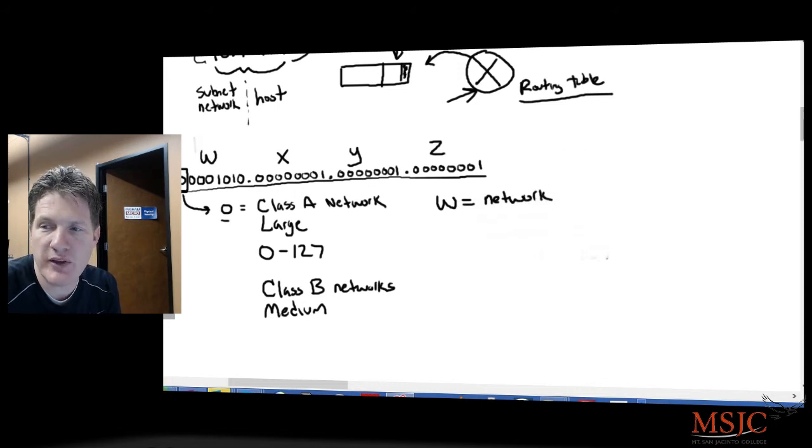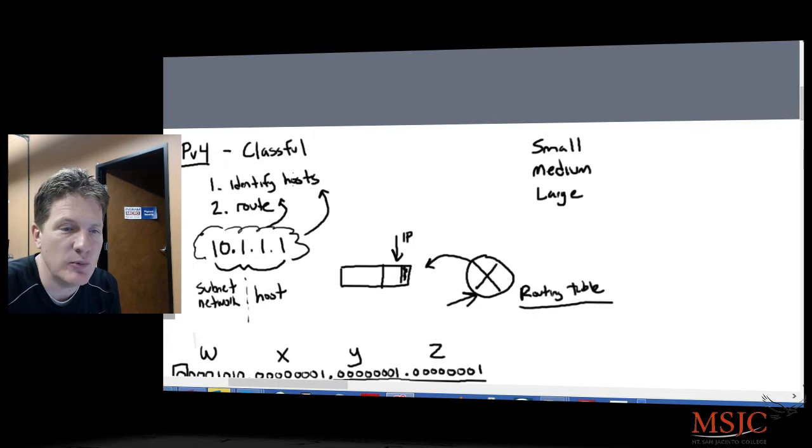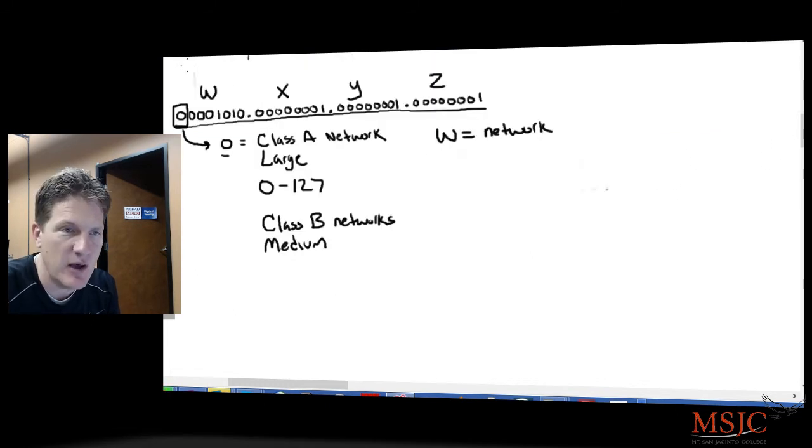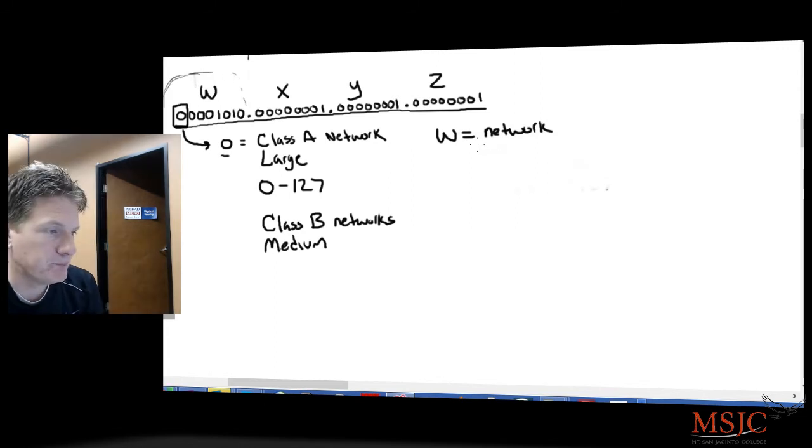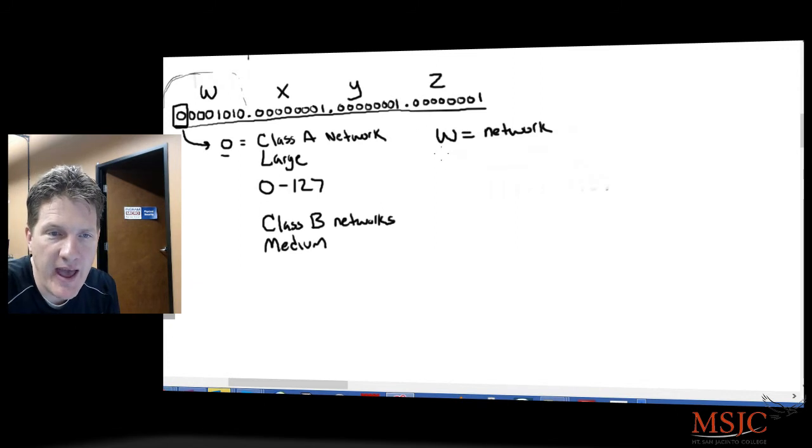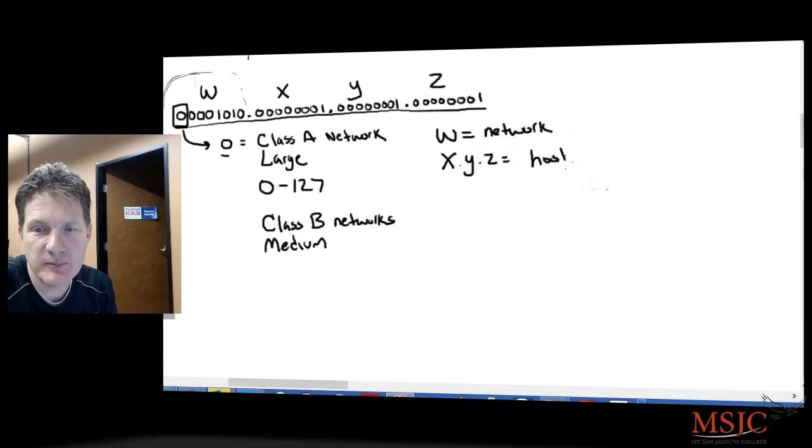Remember how I told you that the IP address had to do two things. It had to identify the host and identify the route or the network. So in this case, Class A, the W, this portion right here, was considered the network. X.Y.Z was considered the host portion.